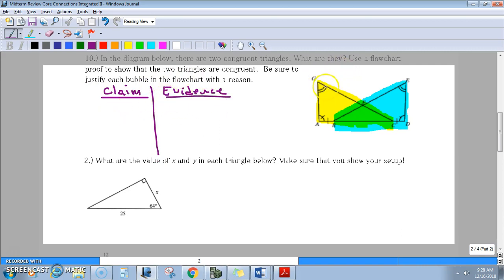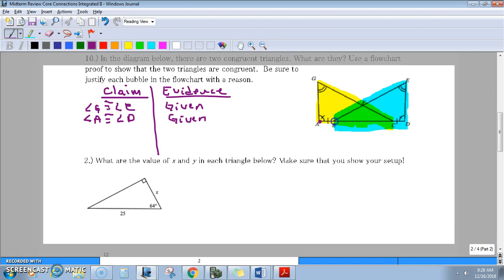Okay. I'm just going to start off with what we know, that angle G is congruent to angle E. That is given. Cool. We know that angle A is congruent to angle D, given. Okay, and let's just go with what else we know.